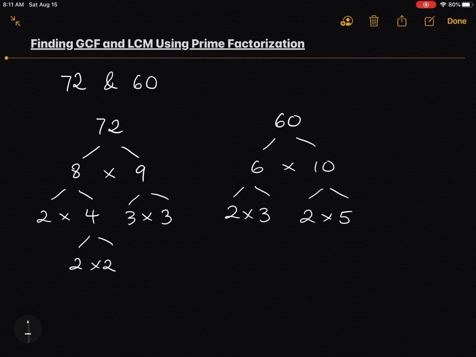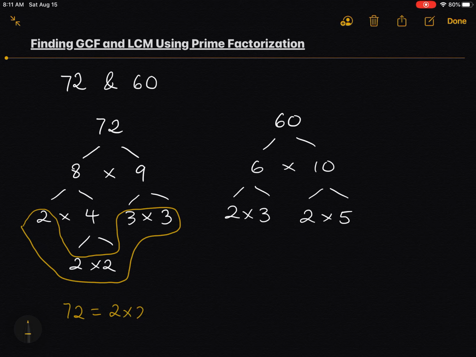Next, we're going to write out the prime factors for each of these trees. So we ended here, like this. These are the numbers that we ended up with. So 72 equals 2 times 2 times 2 times 3 times 3.